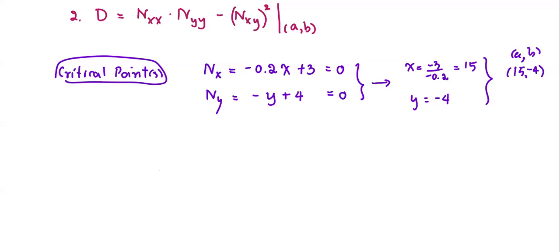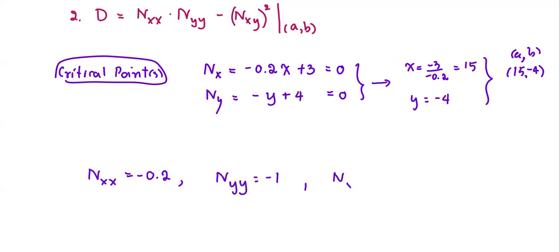Next, we are going to compute the quantity D using the second partial derivative with respect to x and the second partial derivative with respect to y, together with the second partial derivative with respect to both x and y. For the second partial derivative with respect to x, we get -0.2. Second partial derivative with respect to y, we get -1.